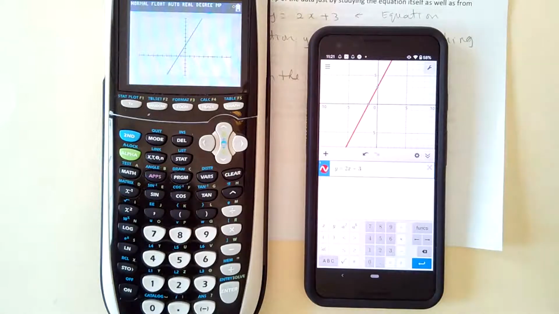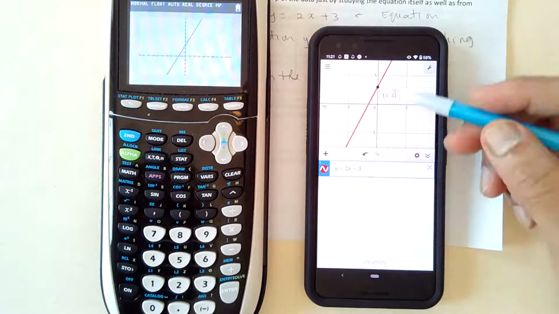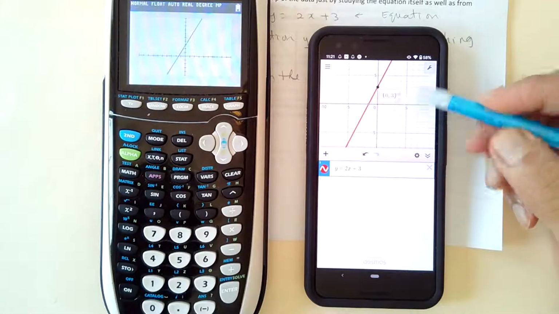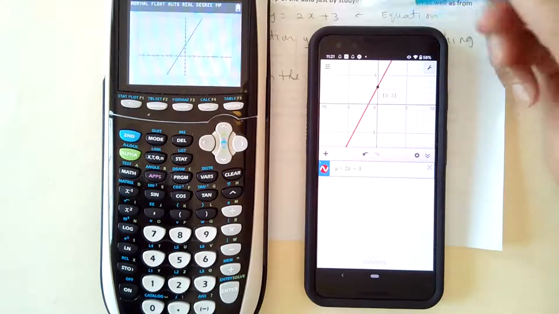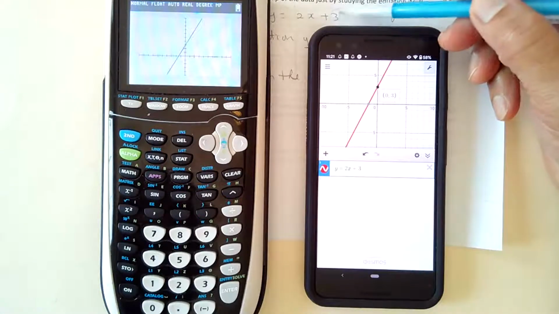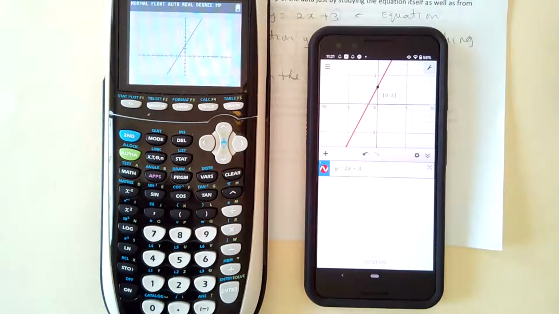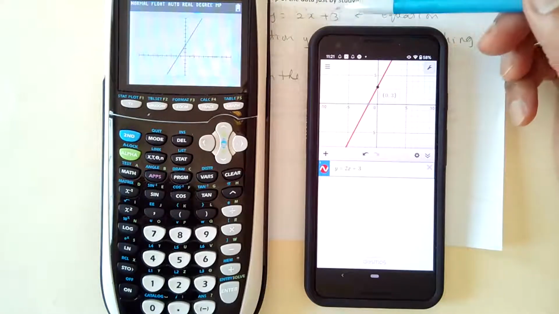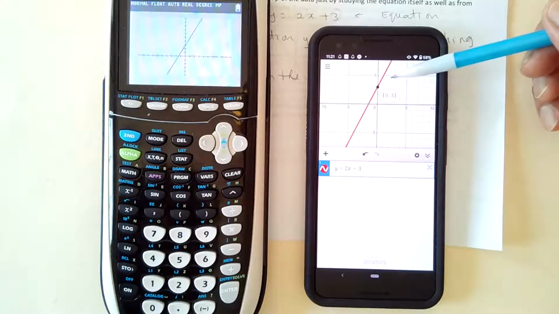So notice the y-intercept: if I tap on it on my Desmos, I see my y-intercept right away, which is 3. And that matches up to our equation here. Remember, that's your y-intercept, and this will be your slope. So your y-intercept is 3, and your slope is 2. So it's a positive slope, the rise over the run.